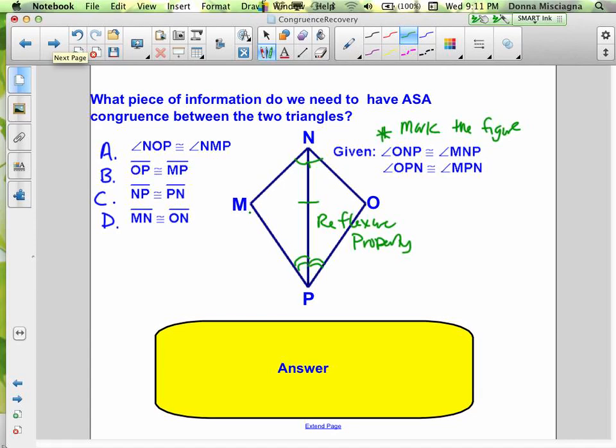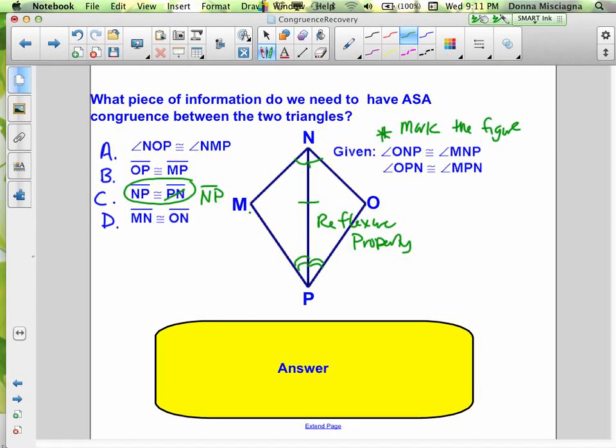So the thing that we need, NP congruent to PN, is literally the thing we know. By the way, there is also one mistake there. It really should say NP congruent to NP, because the two angles with N as the vertex are congruent and the two angles with P as the vertex are congruent. Notice this isn't a reflection of one another.